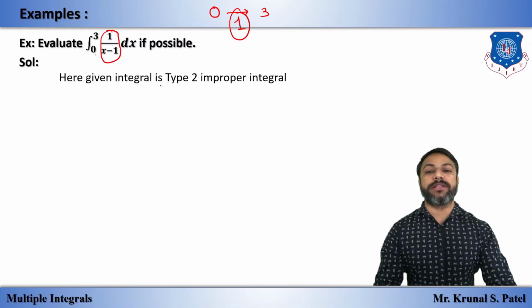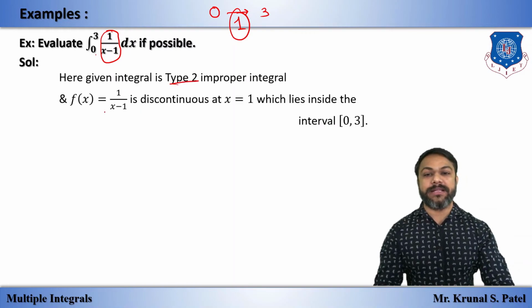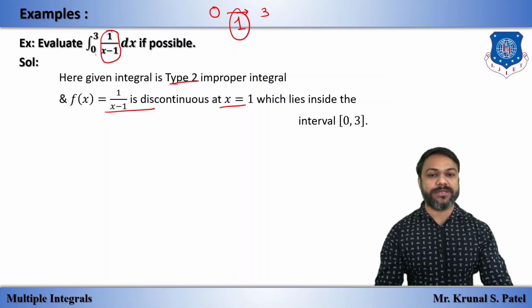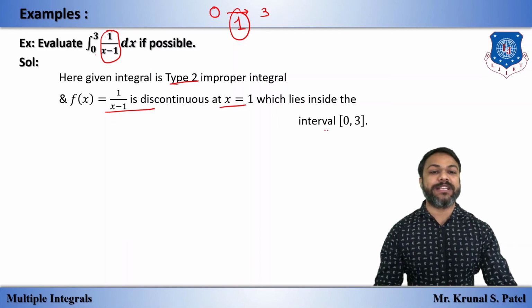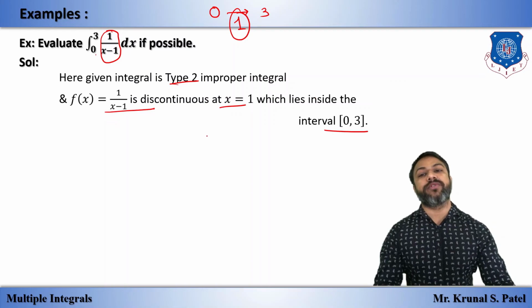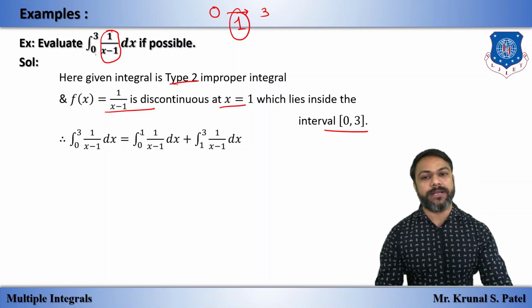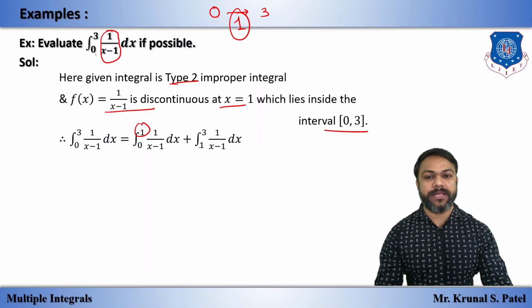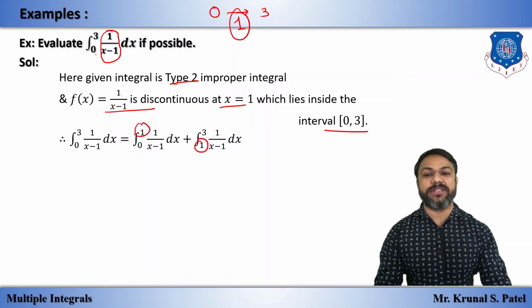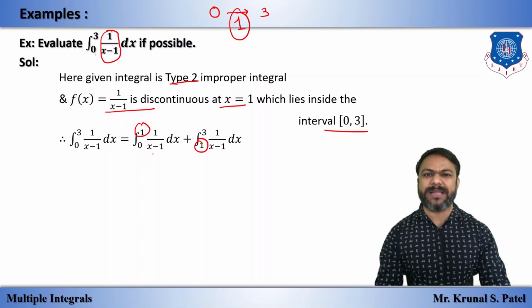So this is of the second type, and it is discontinuous at x equal to 1, and 1 lies between this interval. So we will split the given integration in two parts, 0 to 1 and 1 to 3, and we will take the limit separately one by one.